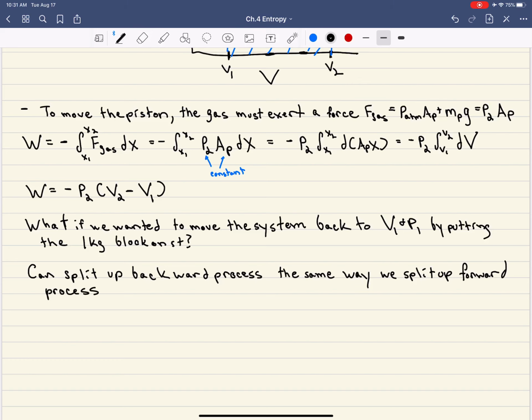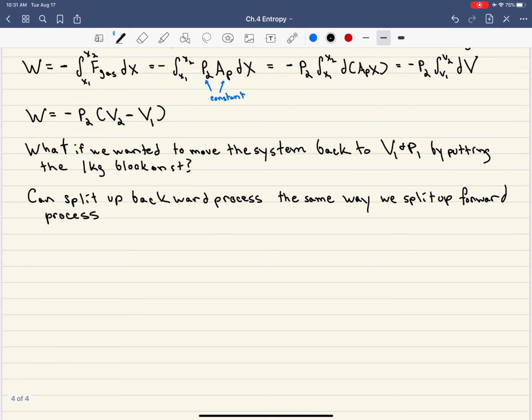All right, and so the way we split this up is as soon as you put the block back on the piston, the way you could model the system is you would say the system goes from P2 back to P1, and the volume stays the same.